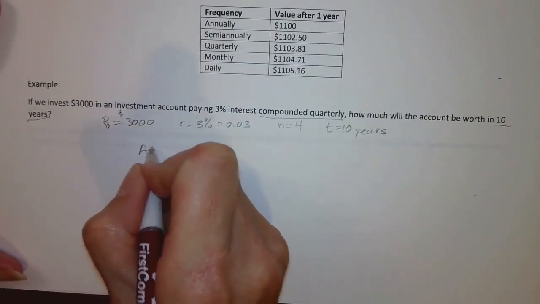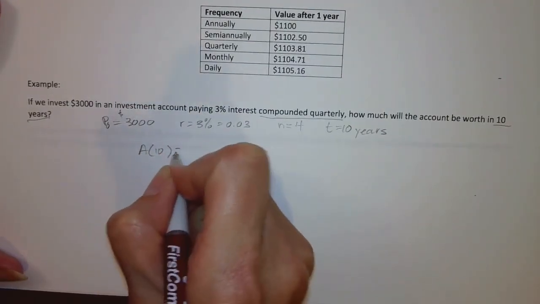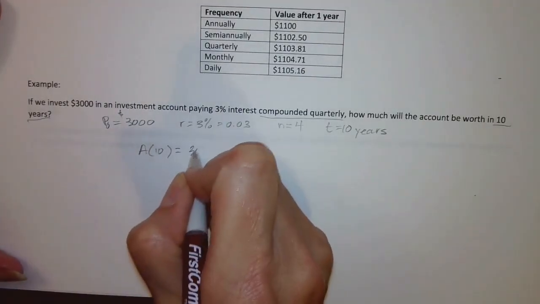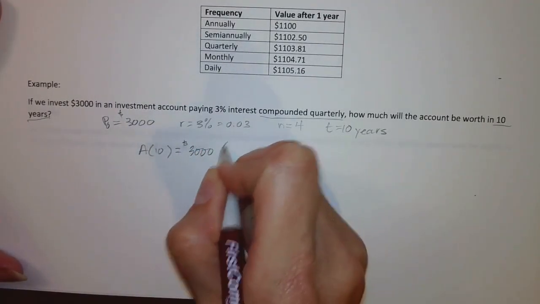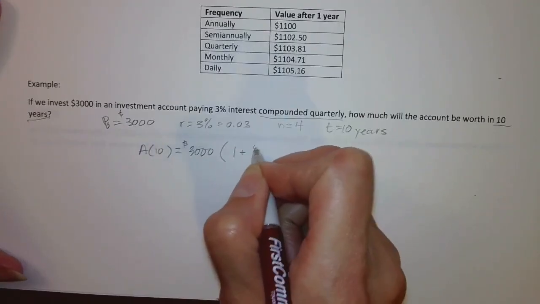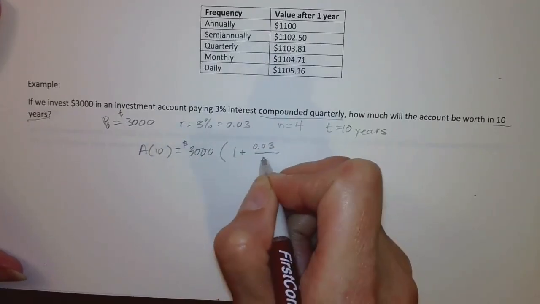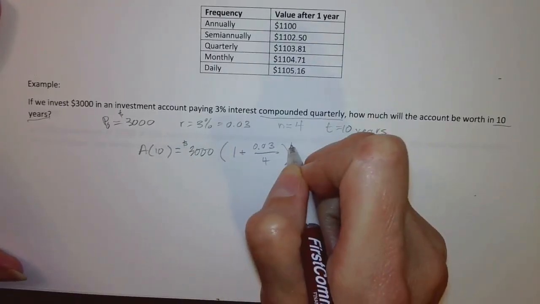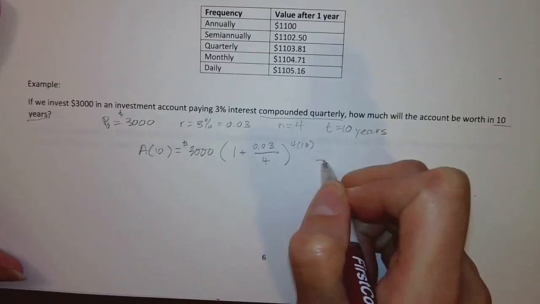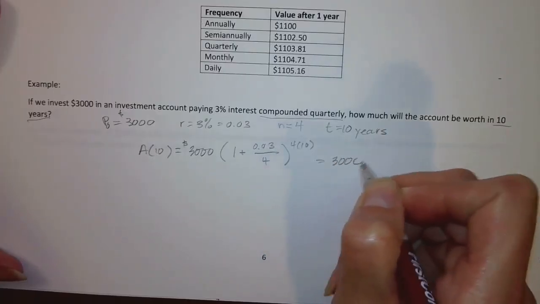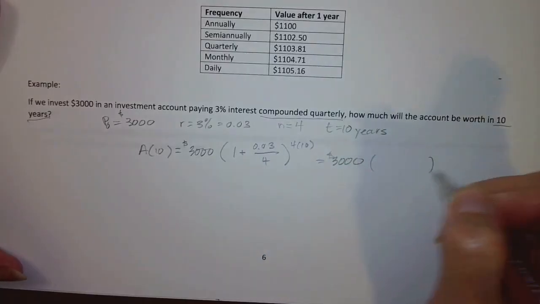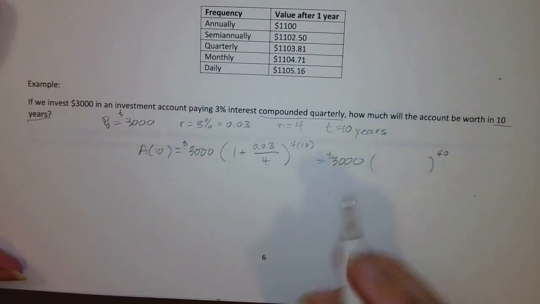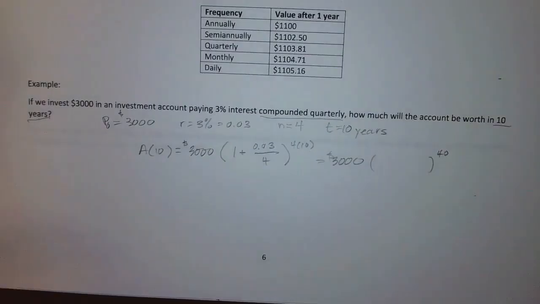So the amount in 10 years would be P naught times (1 plus 0.03 divided by 4), to the 4 times 10 years. So that would be 3,000 times... I know that 4 times 10 gives me 40. Let's calculate what's in the middle here.